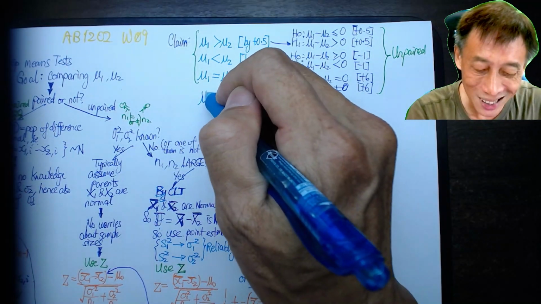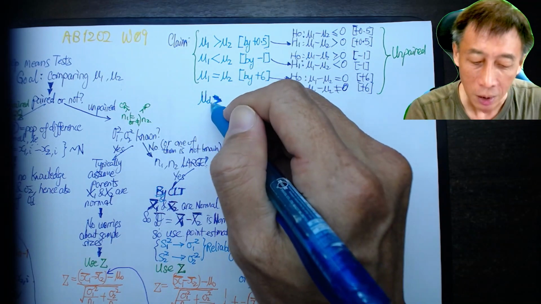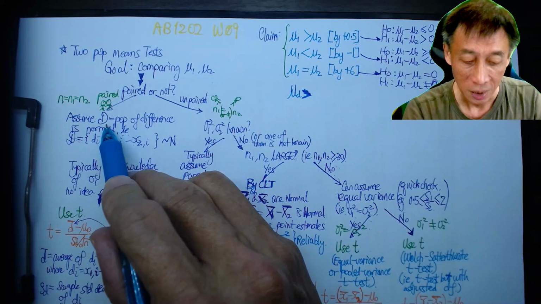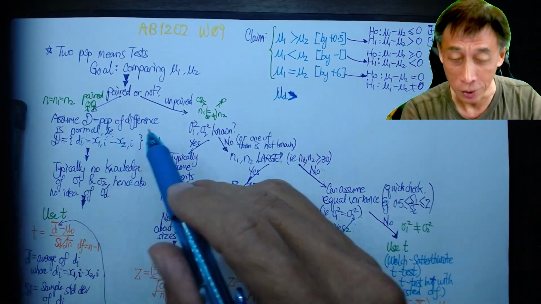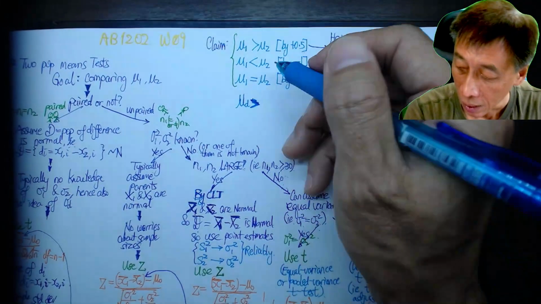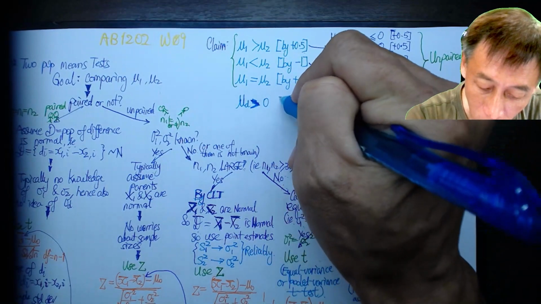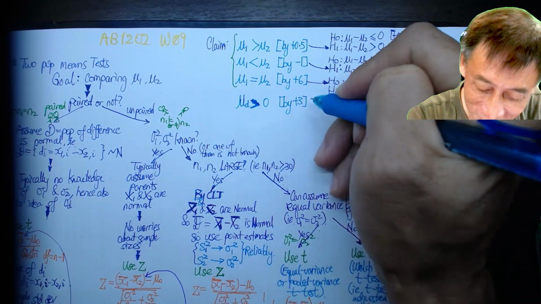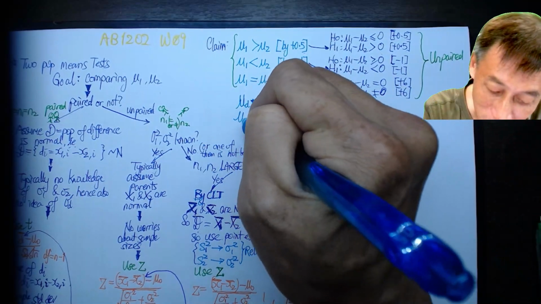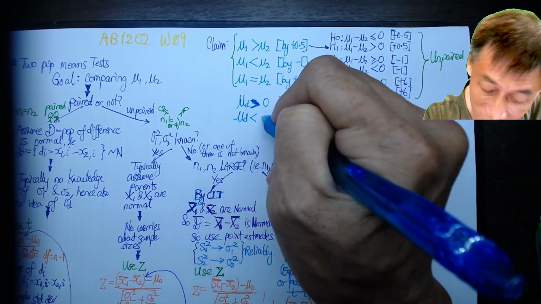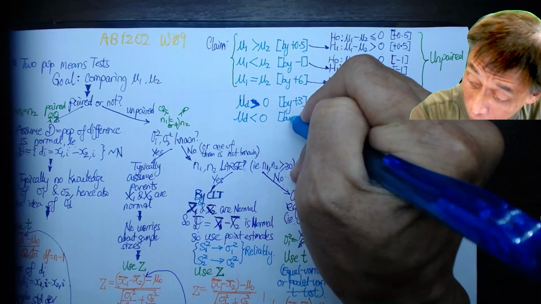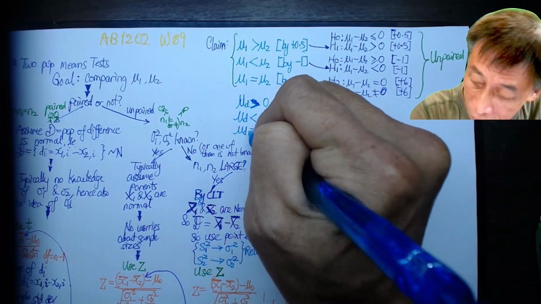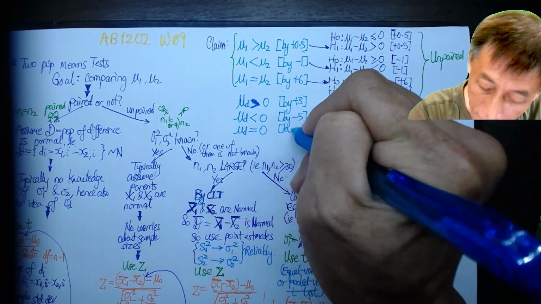So mu D is the population mean of the D, the capital D, of the difference population, right? Is it greater than 0 or by 3 marks, right? Or mu D is less than 0 by -5 points, or mu D is equal to 0 or by +2.